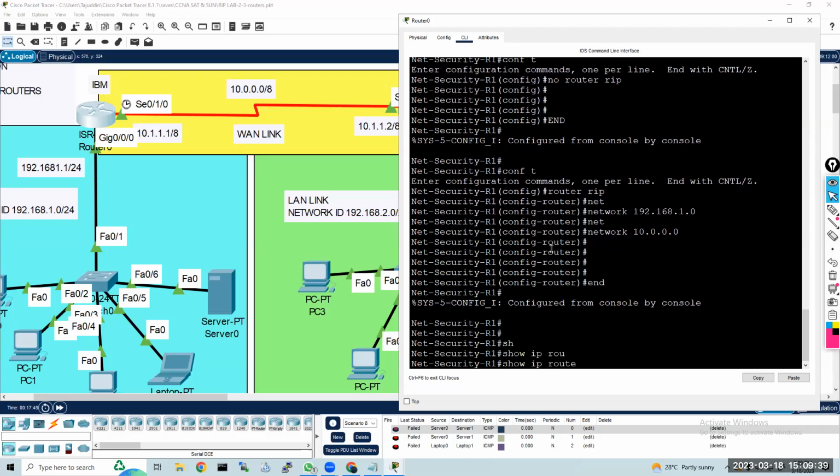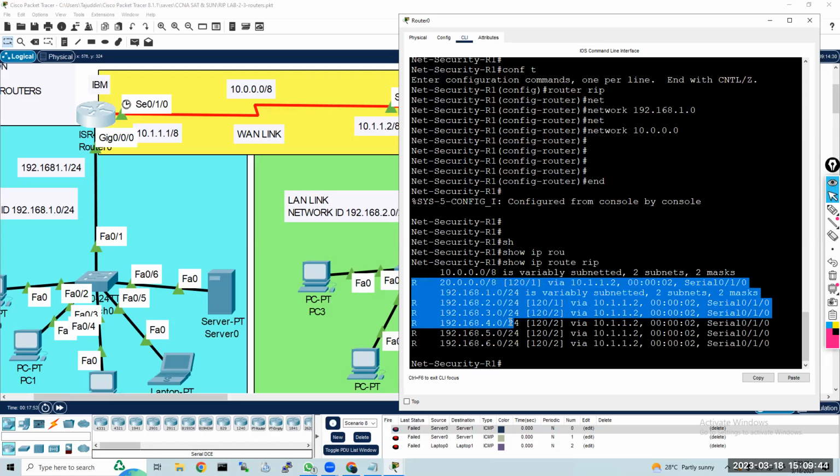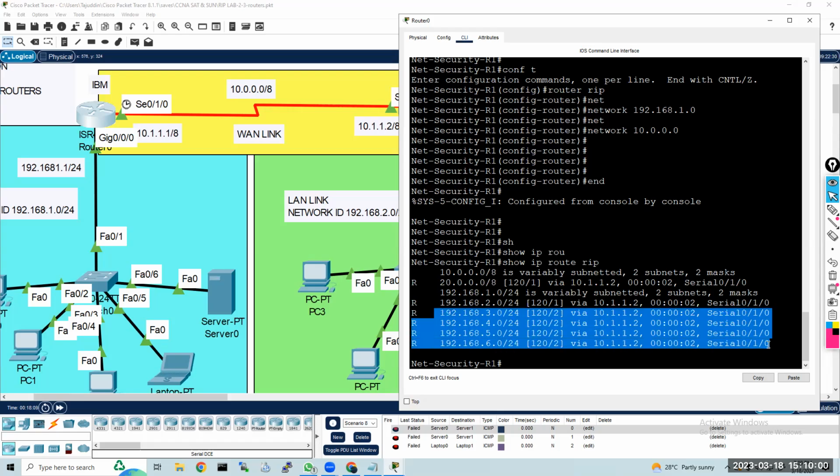Show IP route RIP. Look, this router has learned everything. The 2 network is router 2, the 3 network is router 3, and these are all the loopbacks.